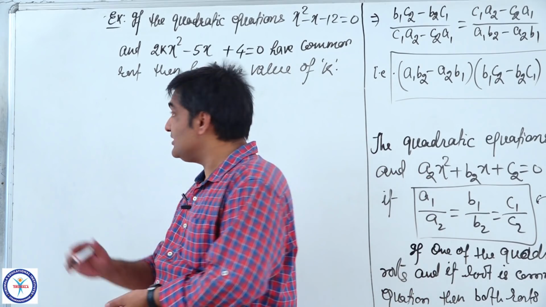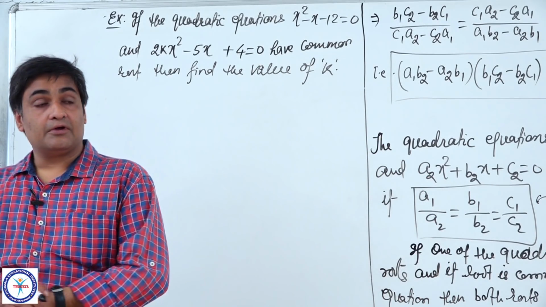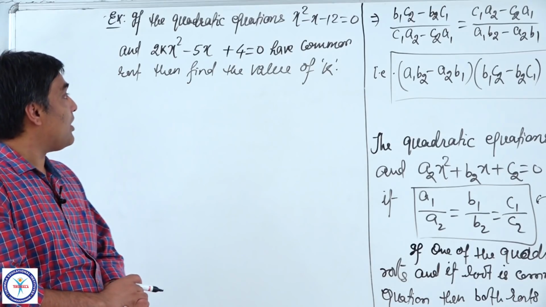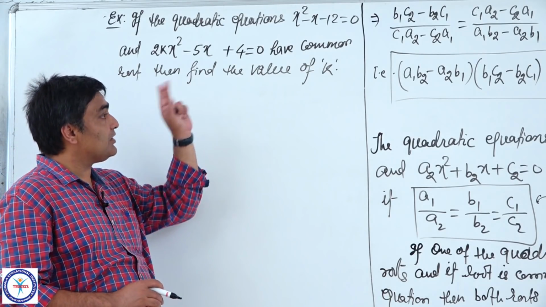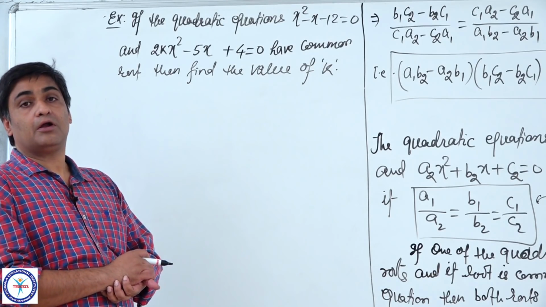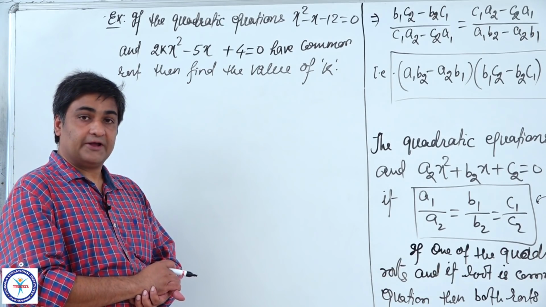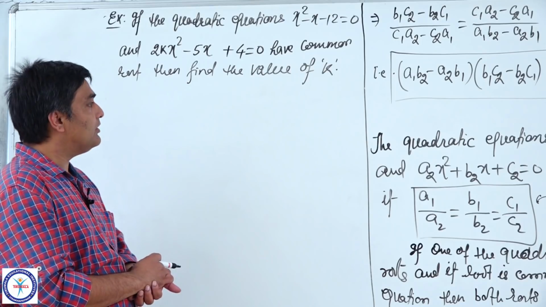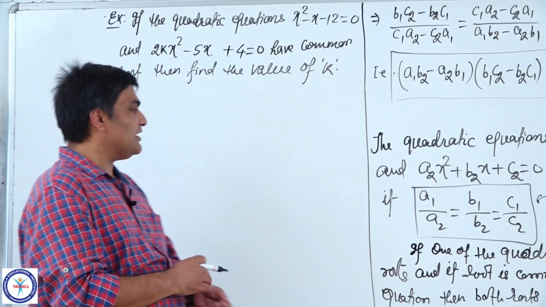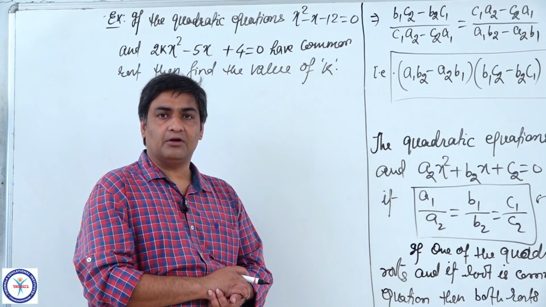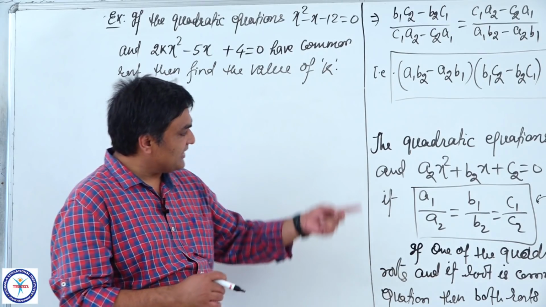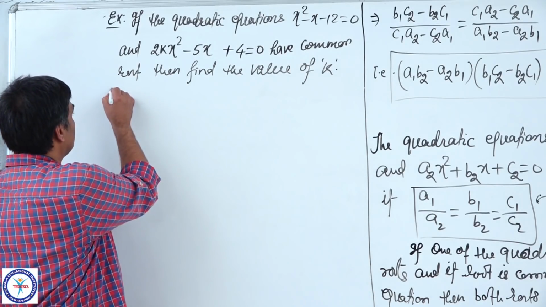See, in this question, it is not given whether one root is common or both are common. So, applying the condition for both roots common is easy. Let's do that first.